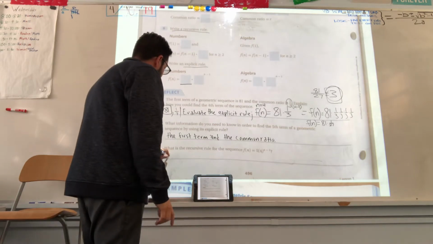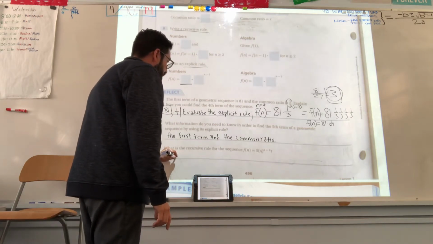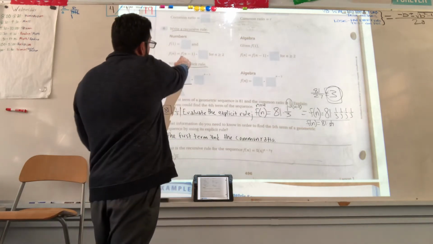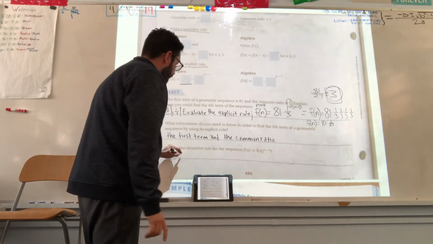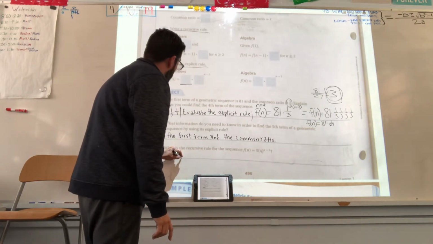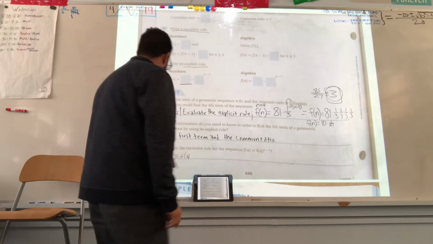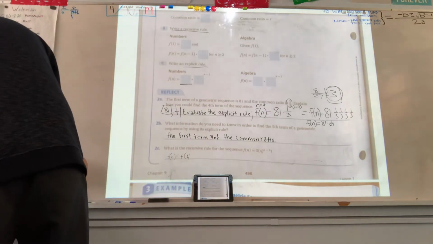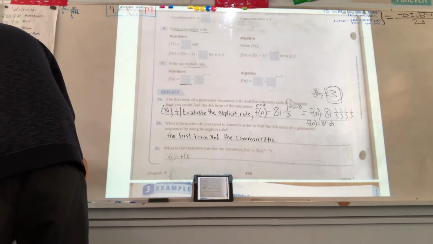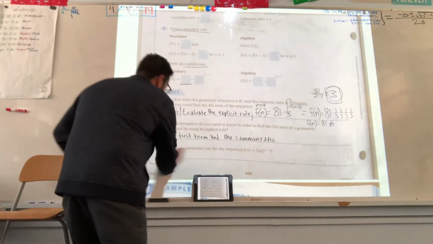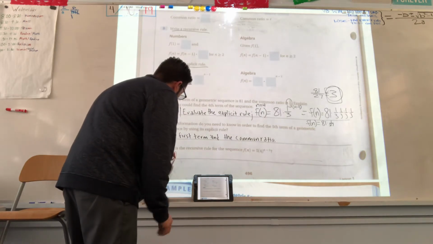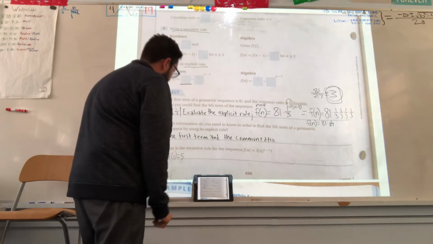Okay, so f of n equals function of n minus 1. I'm sorry. The function of 1 is 5, right?